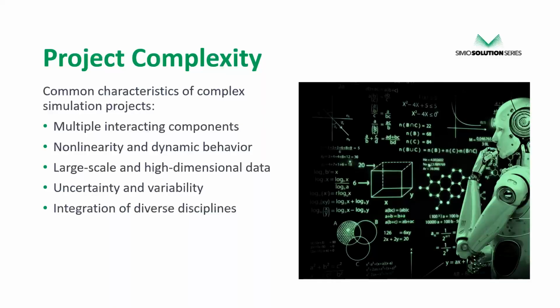So when we think about multiple interacting components, if you think about it from a manufacturing example, maybe it's multiple tiers of production, right? So you have your finished good, and then maybe some intermediate goods that you're producing to finish those goods. But then there's also maybe raw material preparation that's required for your intermediate goods, and all of that has to be modeled and in sync to then produce the finished goods.